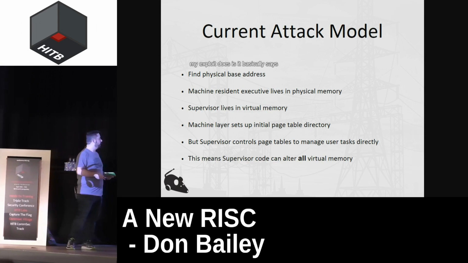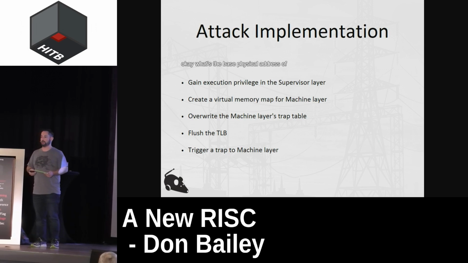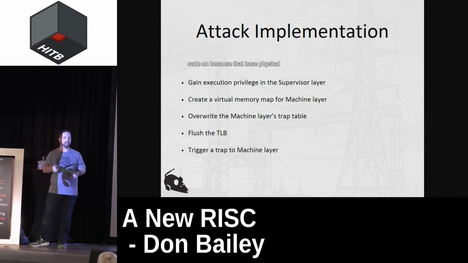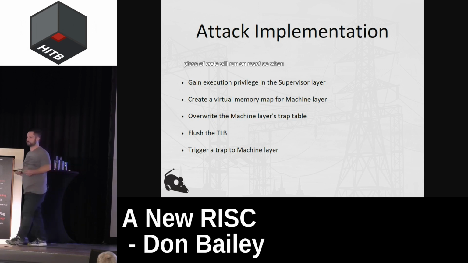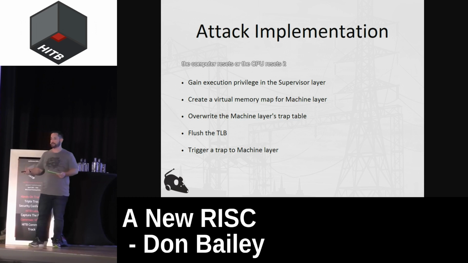So what my exploit does is it basically says, okay, what's the base physical address of DRAM on the computer that I'm running code on? Because that base physical address is where the first executable piece of code will run on reset. So when the computer resets or the CPU resets, it says, okay, what's the base address for code?